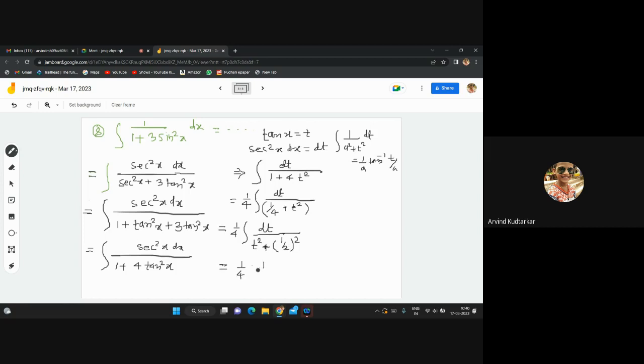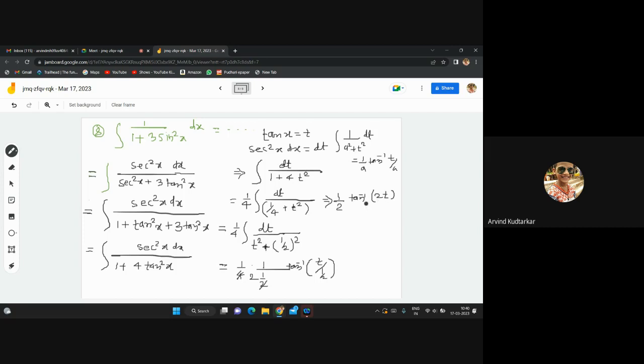So 1 by 4 times 1 upon a. The value of a is 1 by 2, into tan inverse of t upon a, means t upon 1 by 2. So the 2 and these 2 get cancelled. That is equal to 1 by 2 times tan inverse of 2t.